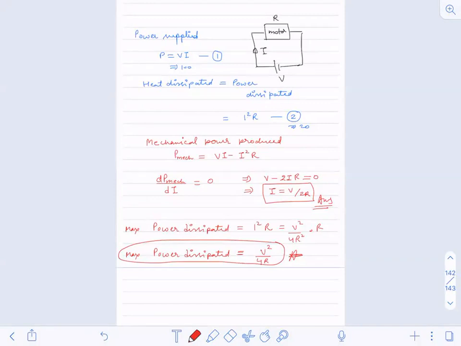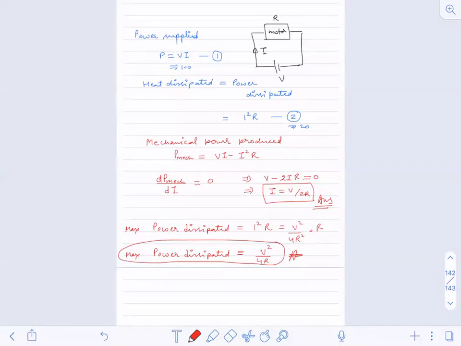I'll try my best to give all the solutions on Monday. So on Monday we will start the new chapter, moving charges and magnetism. This chapter is finished, and every day I'll be giving you 2 to 3 numericals, so that you are thorough with the concepts and don't forget this chapter.